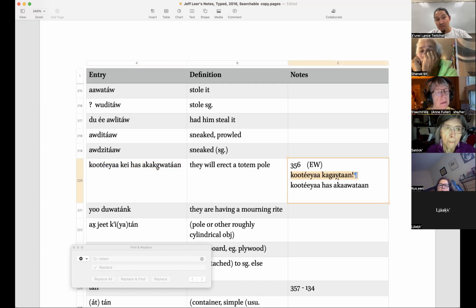If it's G, the command should be long and low; zeros will be short and high. We can also put a perfective together, and it's going to be long and low because it's not zero. So we should be able to say hasakawatan: they raised a totem pole.